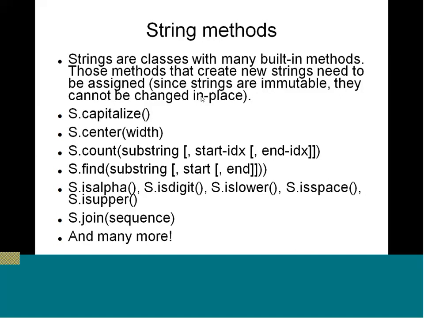So you need to assign a string variable to these methods, and so it goes into that particular variable. And the strings are immutable, so you cannot change them in place. That's the reason why you need to assign it to a new variable. So let's look at some of these methods, and these are all built-in methods to manipulate strings.